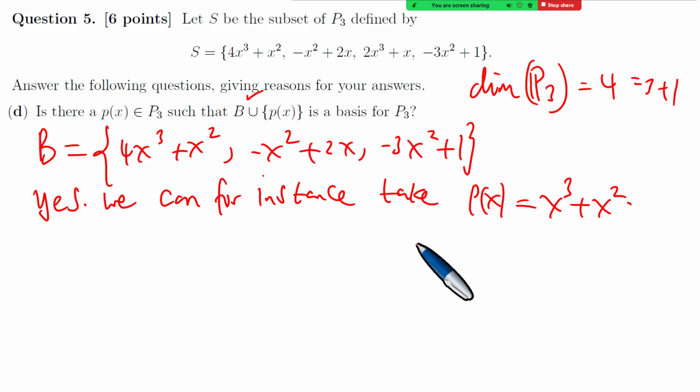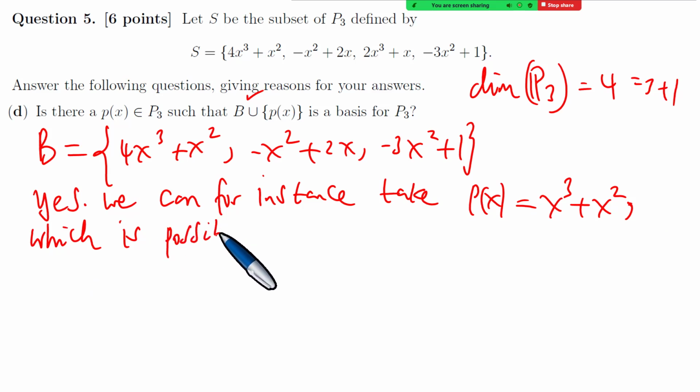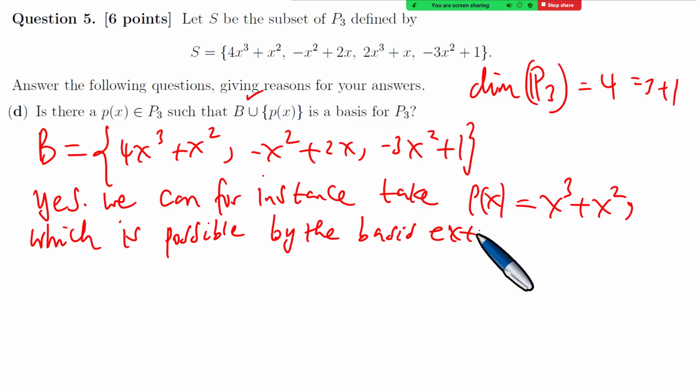This can be anything, but this is possible by the basis extension theorem.